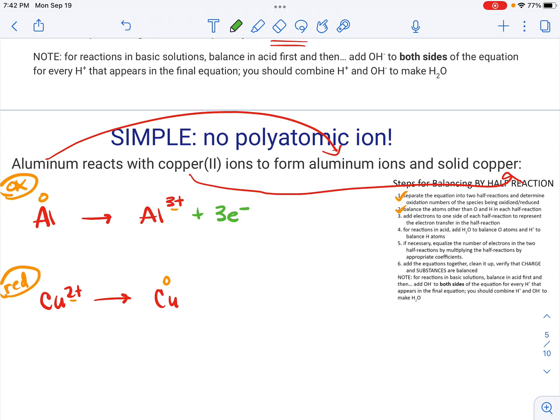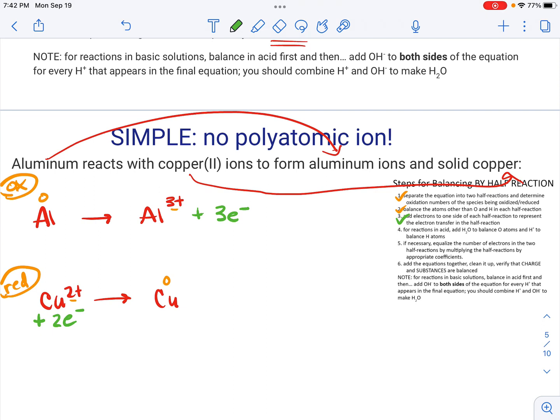In the copper half reaction, I have 2+ to 0, so this is a difference of 2 electrons. It's a reduction, so the electrons have to go in, meaning they're reactants, and I'm going to add my 2 electrons to the copper side of that reaction. So I've taken care of adding electrons.